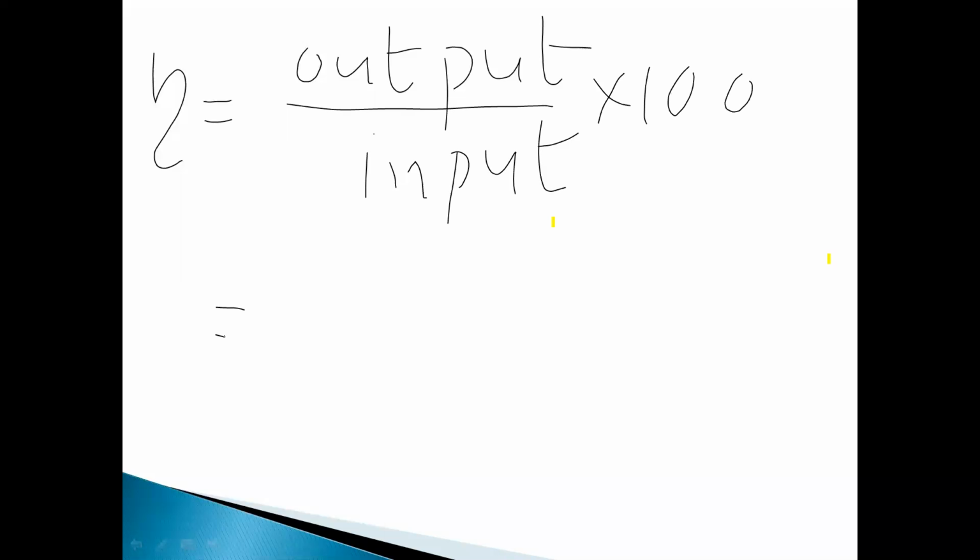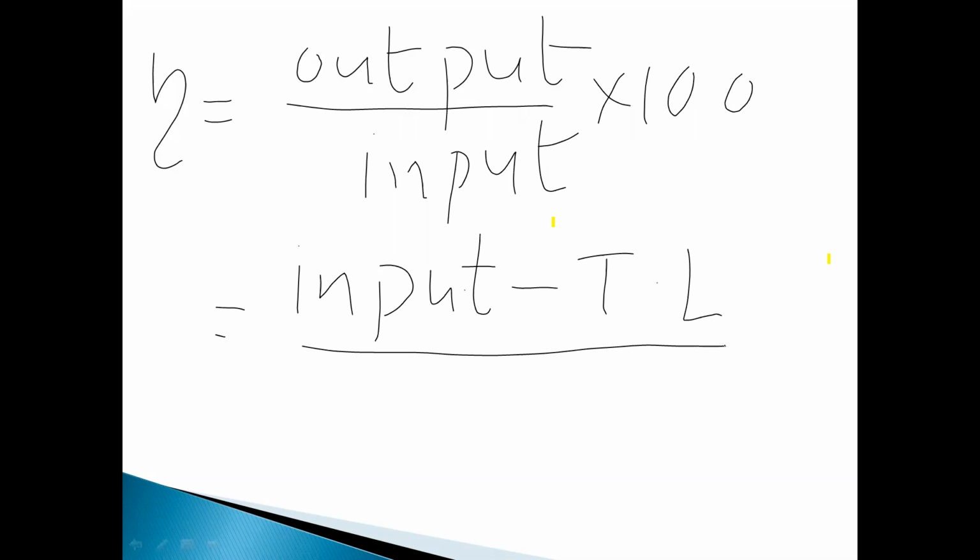Output equals input minus losses, so efficiency equals input minus total losses, TL meaning total loss, by input.